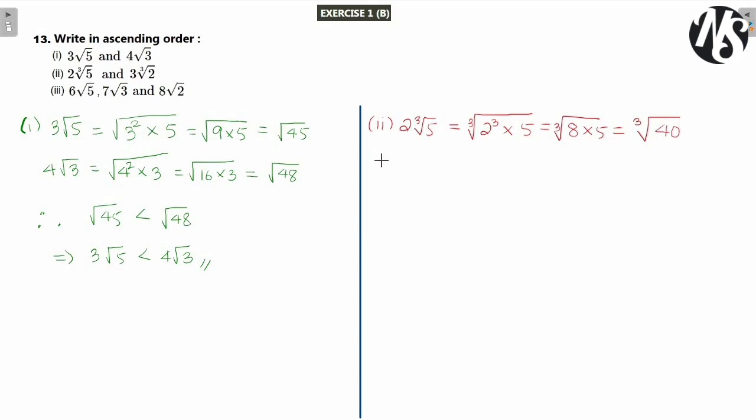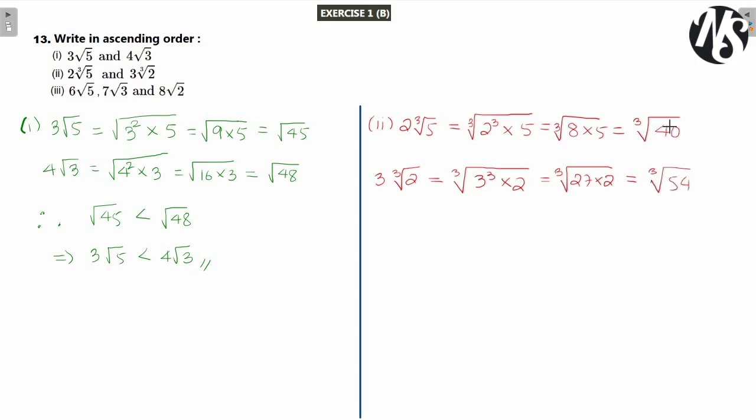Let's see the other number. The other number is 3 cube root of 2. Now when this 3 goes within the cube root, it becomes 3 cube, into 2. Cube root of 3 cube is 3 into 3 into 3, which is 27, into 2. What is 27 into 2? It is 54.